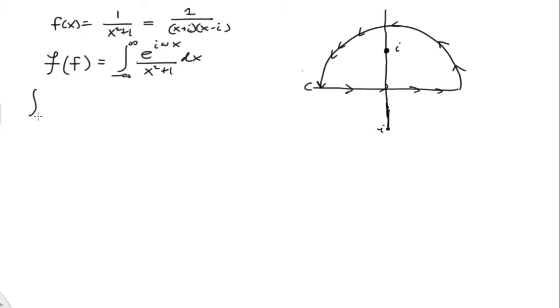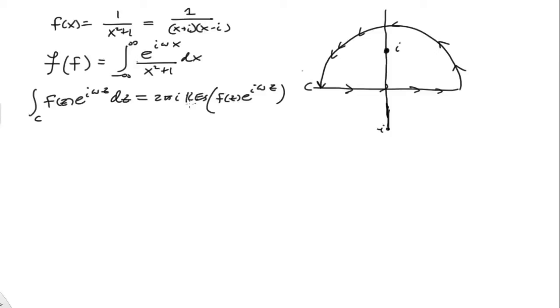What we do is examine f of z e to the i omega z dz and say that's equal to 2 pi i times the residue of f of z e to the i omega z.